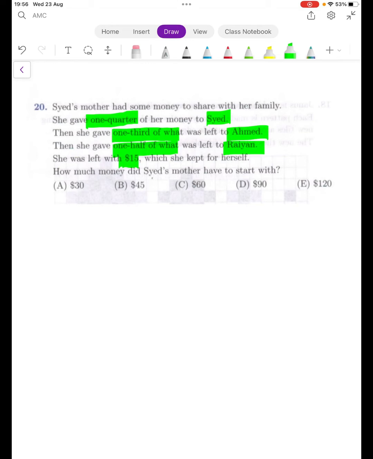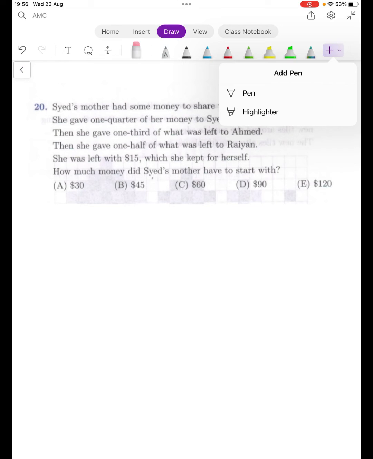Now, let's understand this really nicely. Let me remove all this first. All right, draw.